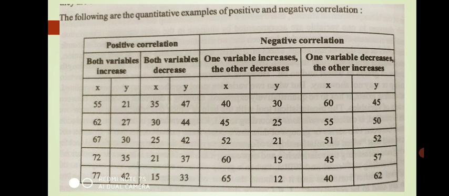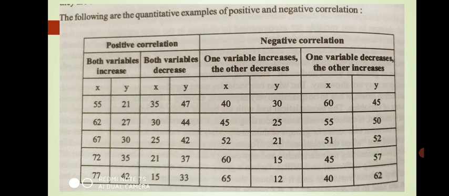If you see the following example, the two variables are illustrated here by figures. In the first column, you can see positive correlation. The two variables are denoted by x and y columns.